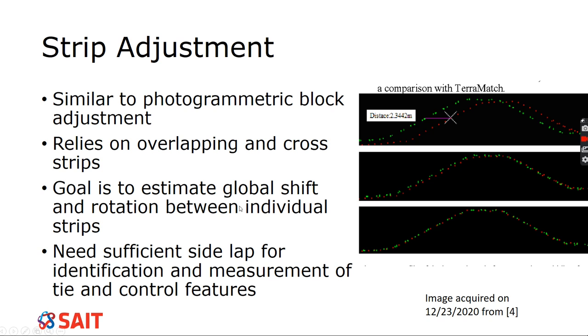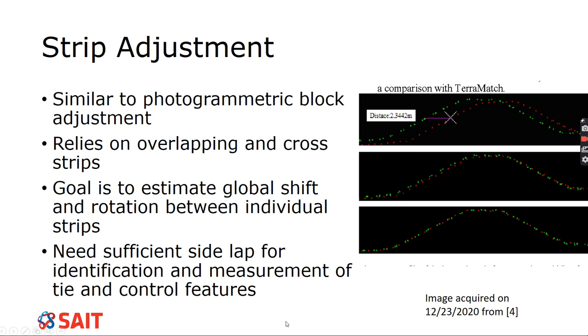So we want to estimate the global shift and rotation between the individual strips. That's the goal of this matching. Because it's already directly georeferenced, this is really just adjusting errors, like reducing your RMSE value, right?